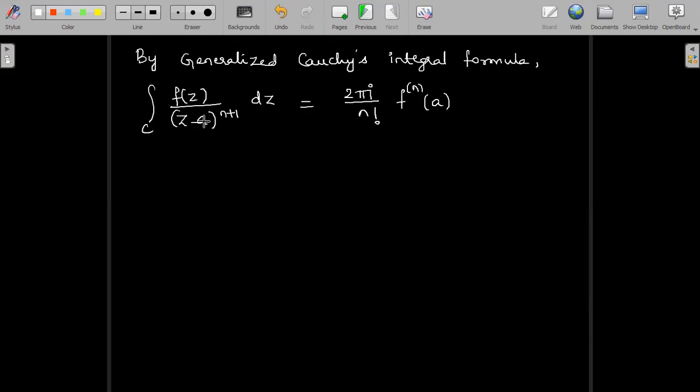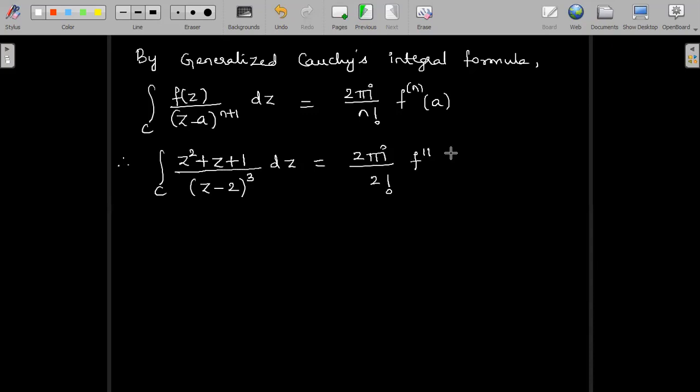So let us apply it for the given function. We have already written what f of z is and what a is. So f of z is z square plus z plus 1 divided by (z minus 2), with n plus 1 being 3, dz is equal to 2 pi i divided by n factorial, n on comparison is 2, so 2 factorial into f double dash.